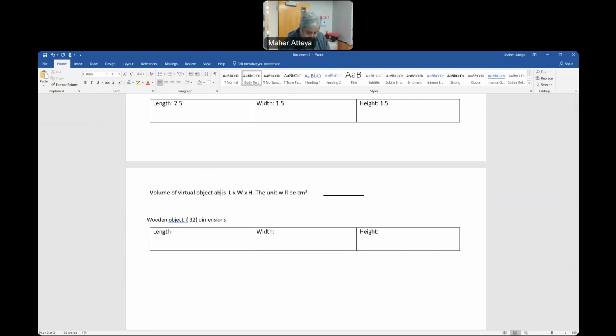So when somebody reads, that's above. Then the volume of the wooden object is number 32. So then you'll see here it is.